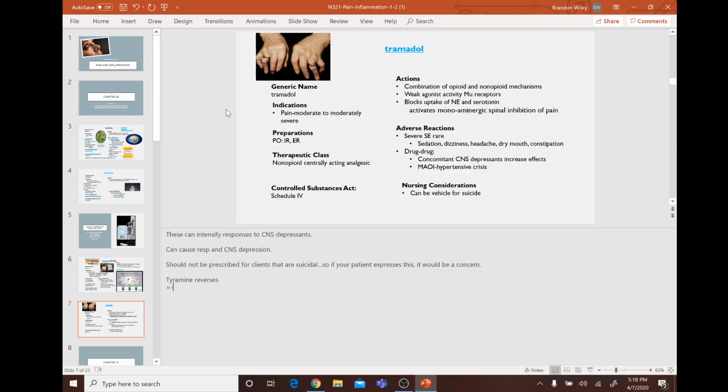How is Tramadol prepared? PO, immediate or extended release. What is the therapeutic class of Tramadol? Non-opioid, centrally acting analgesic. What is the controlled substance act of Tramadol? Schedule 4. What are the adverse reactions of Tramadol?